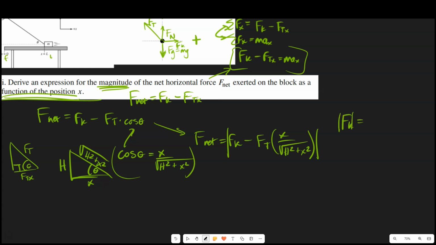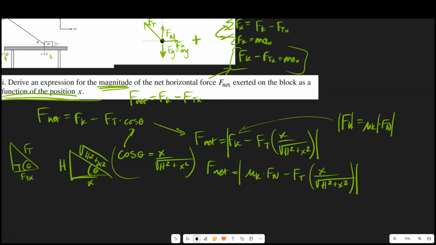Remember, our force due to kinetic friction is mu k times Fn over here. And so we can take that and sub it in over here and say Fnet is equal to, and again, Fn is not something that we have been able to just stop with. We need to further define what we mean by Fn. So we can write it like this.